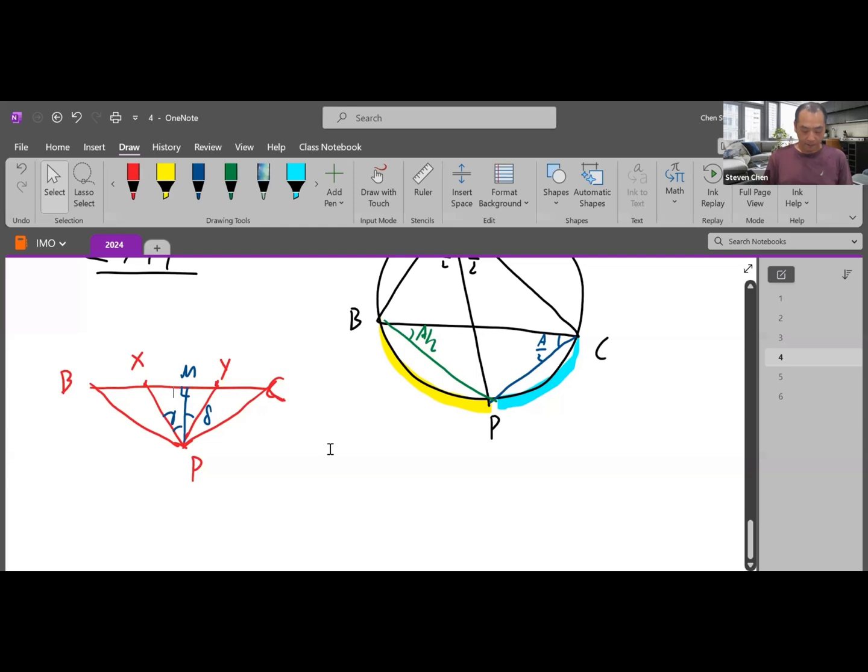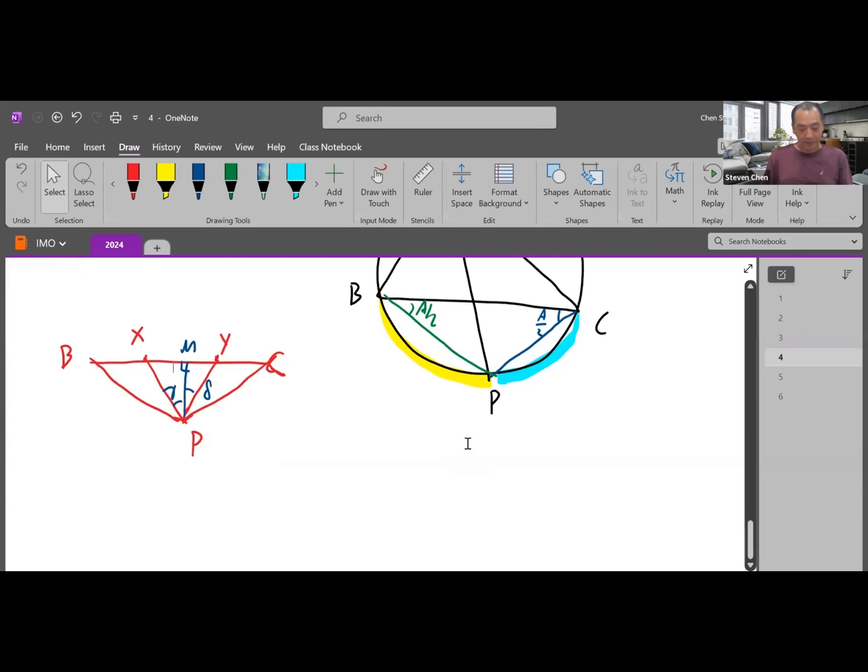Think about it. Now we put our focus on triangle BPM. For triangle BPM, we know BM is half of BC, and the angle on the left is A over 2. So for this right triangle, we know all angles and all side lengths.